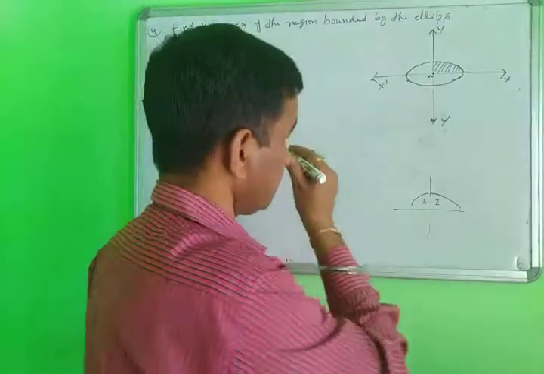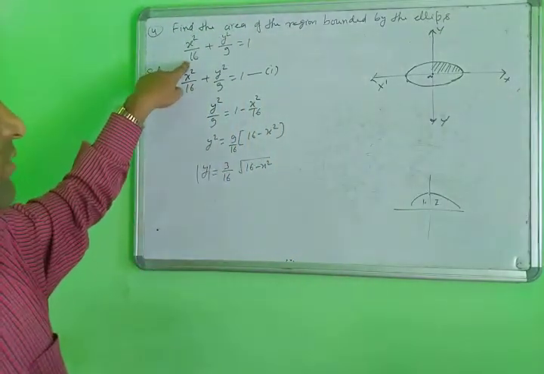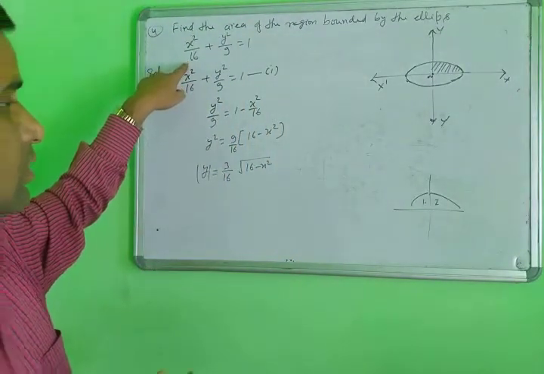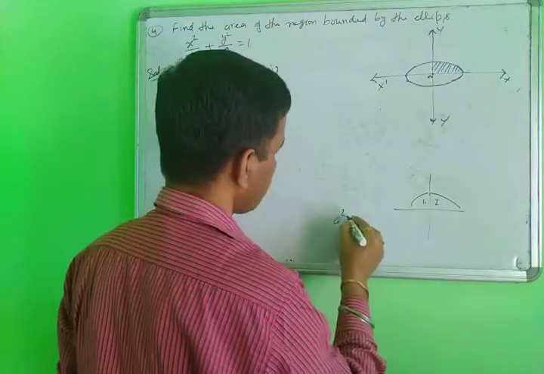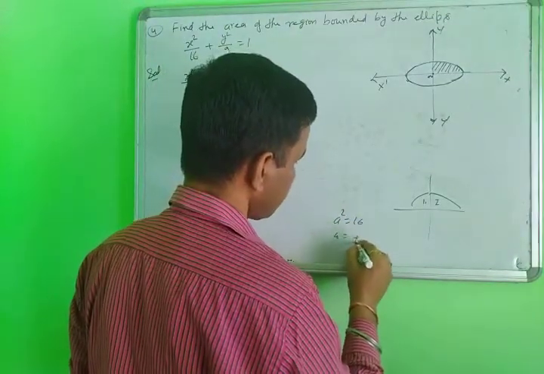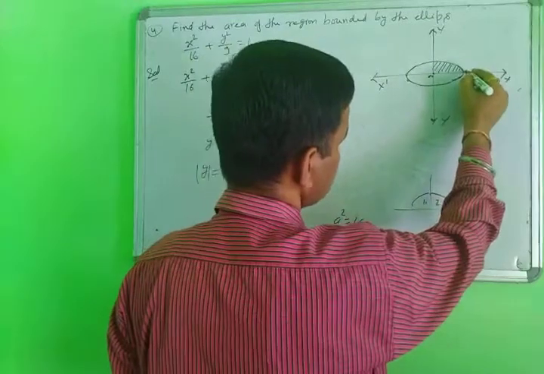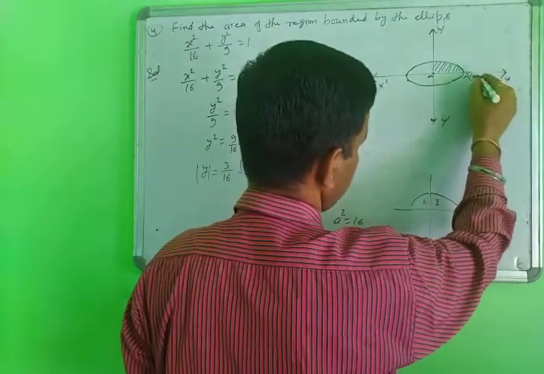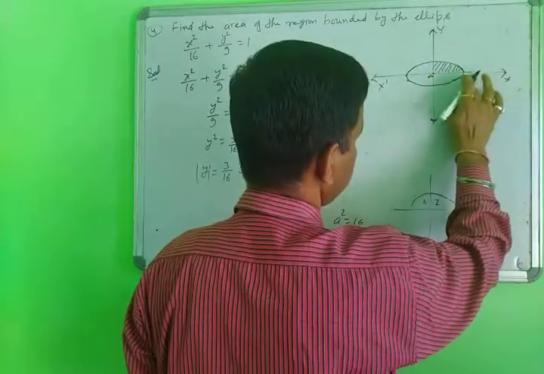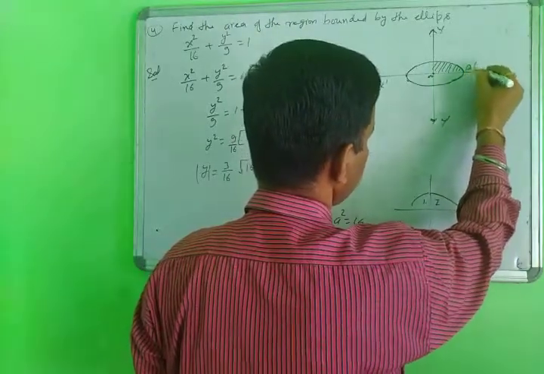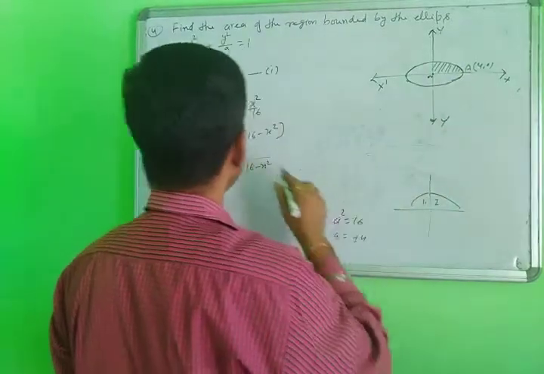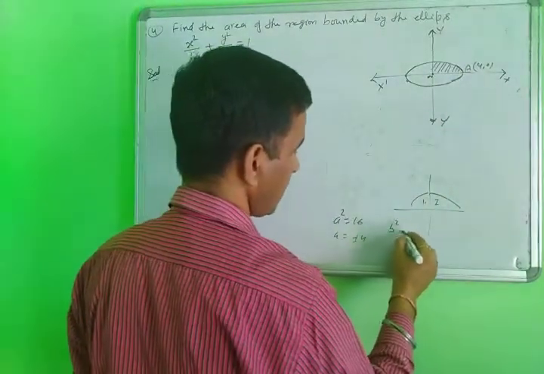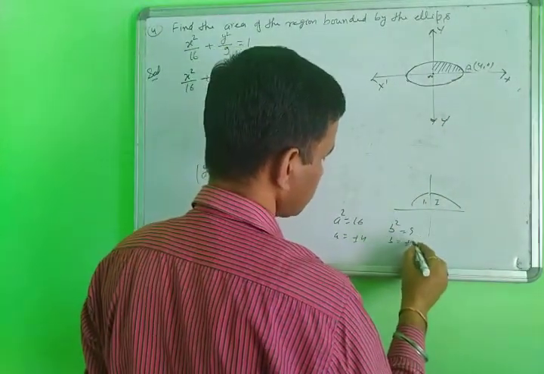The second thing: the major axis, a square equal to 16, the value a equal to plus minus 4. That means the coordinate here is 4, 0. Suppose this is point A, 4, 0. The minor axis, b square equal to 9, b equal to plus minus 3.